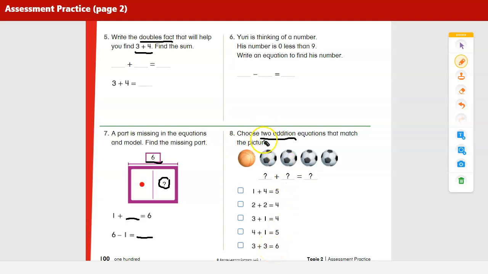So if we are choosing 2 addition equations for our answers, we need to know how many balls we have total, and we know if we have 1 basketball and 4 soccer balls, what would be 1 plus 4?